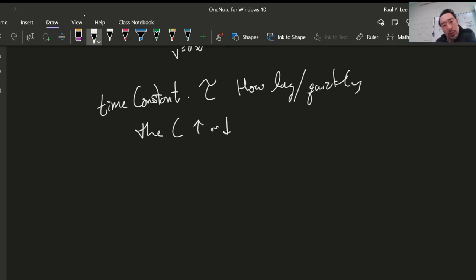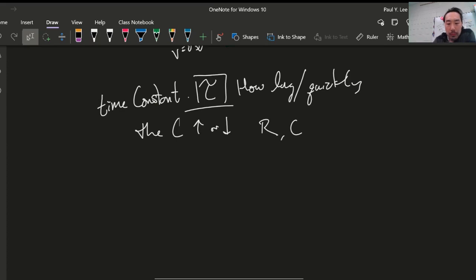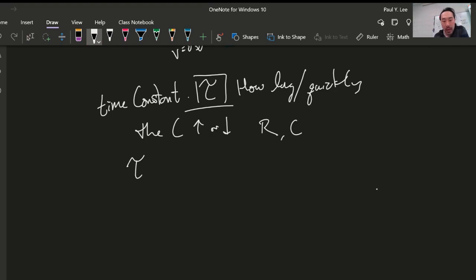It's dependent on two variables: the resistor within the circuit and the amount that the capacitor can actually hold, the capacitance. The important thing about tau is that it's actually divided up into fifths. Before we describe that, let's give you the formula for the time constant, which is just RC.